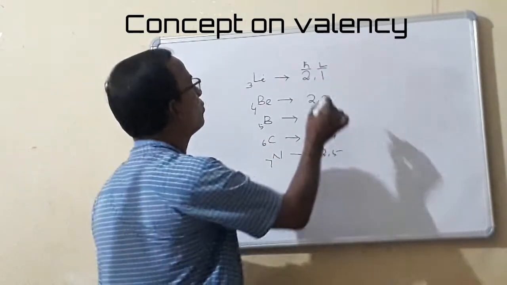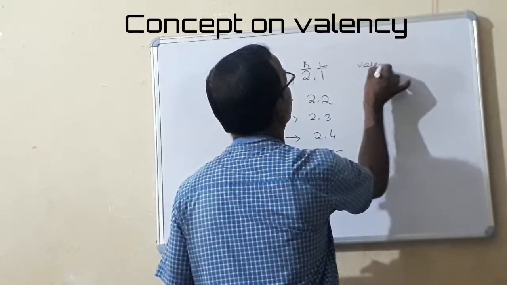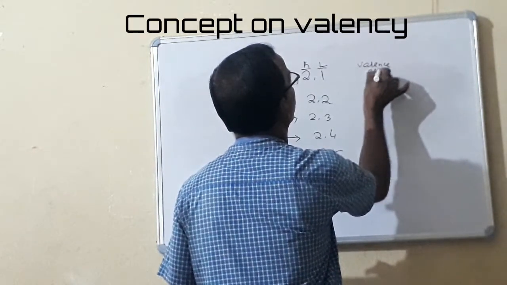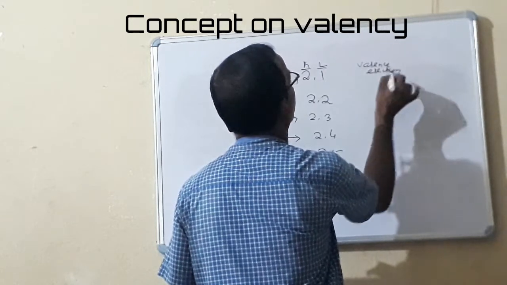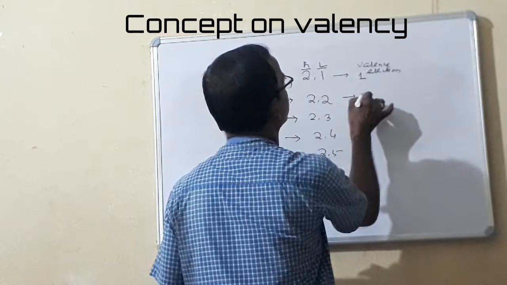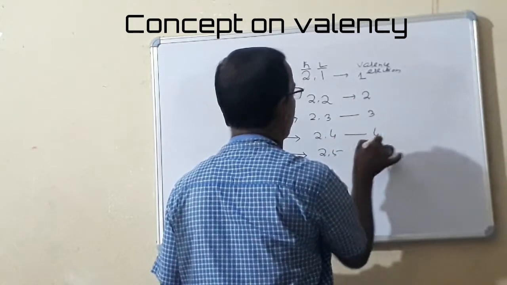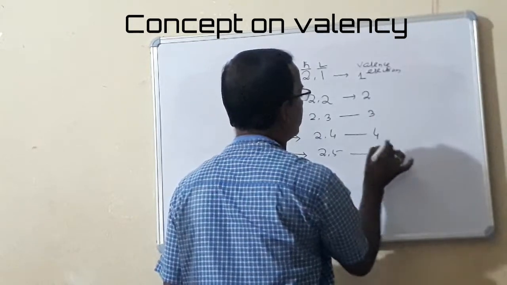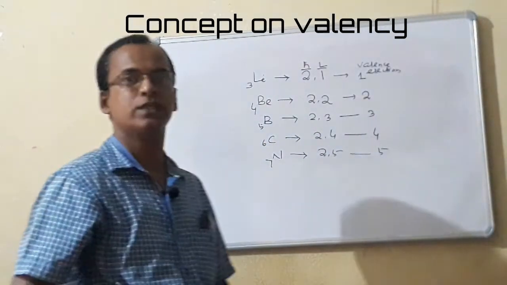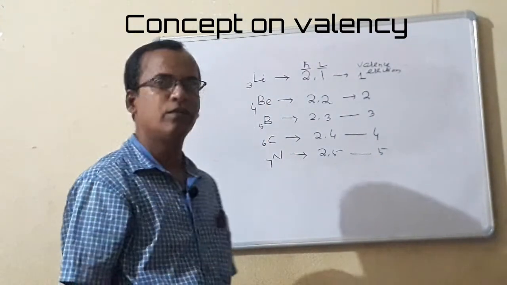That means the outermost valence electron here is 1, here valence electrons 2, here 3, here 4, and in this case the valence electrons are 5. So how can you determine its valency?